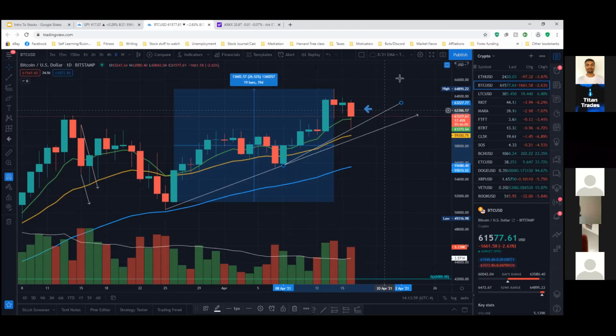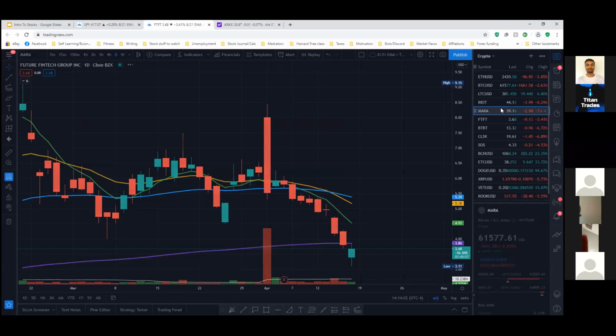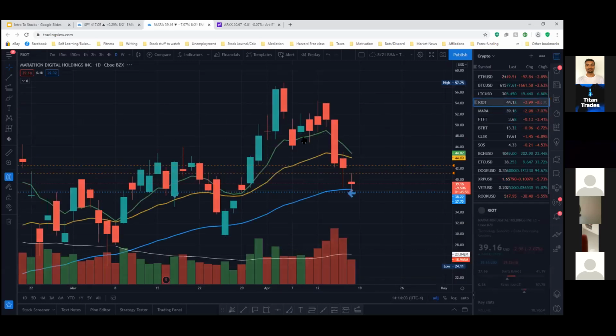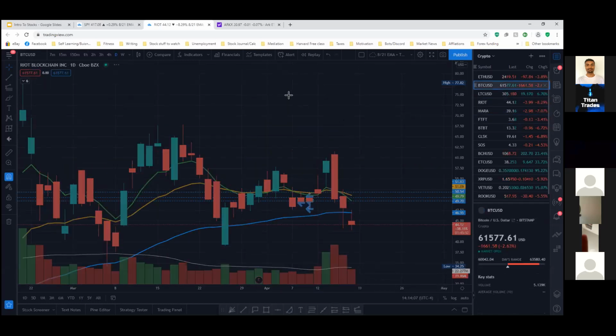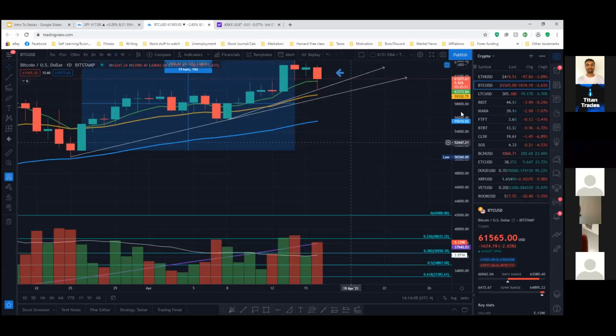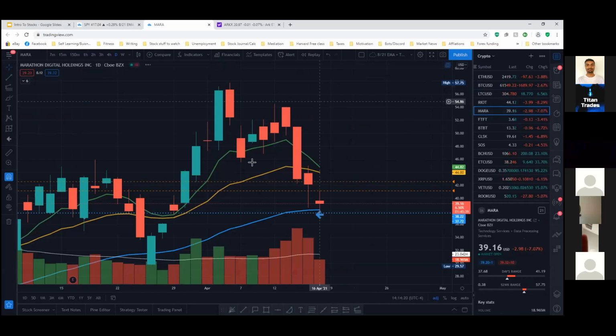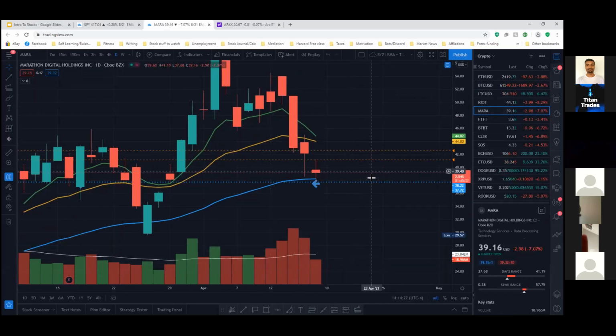And Bitcoin runs with Mara and Riot. The only reason Mara and Riot are down right now is because of this candle. That's it. They had sell-offs on Bitcoin, and Riot and Mara follow Bitcoin. So if you look at the charts, that's the only reason that we're getting sell-offs, because Bitcoin sold off.